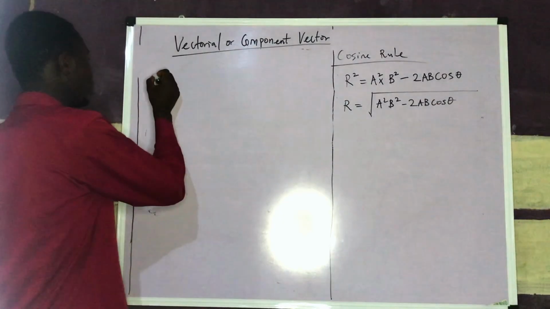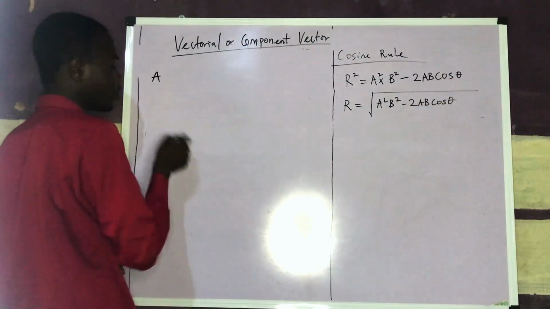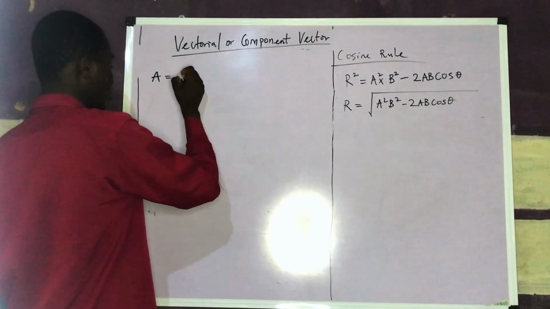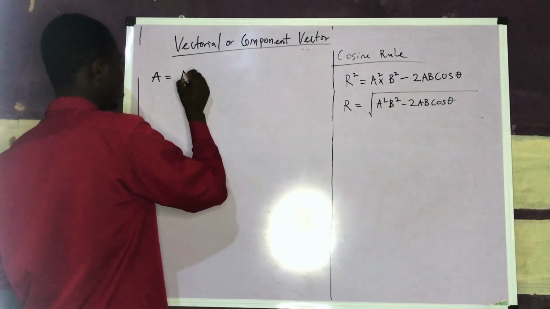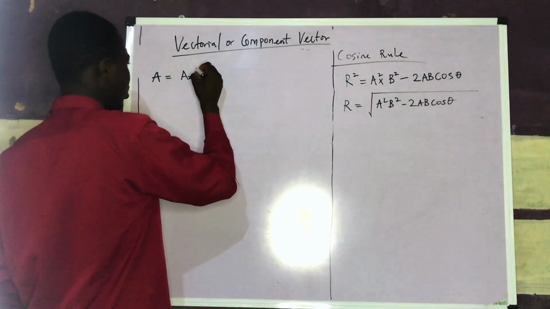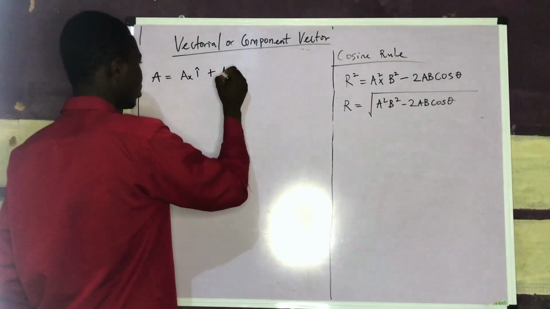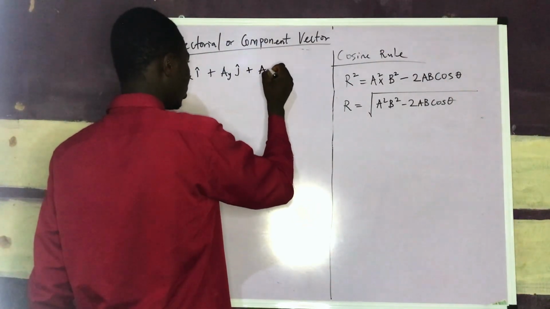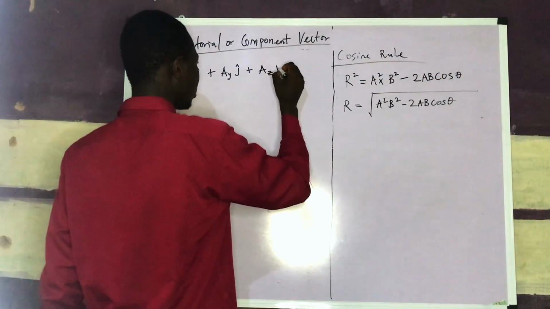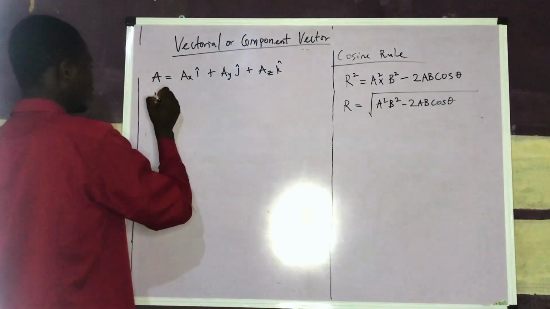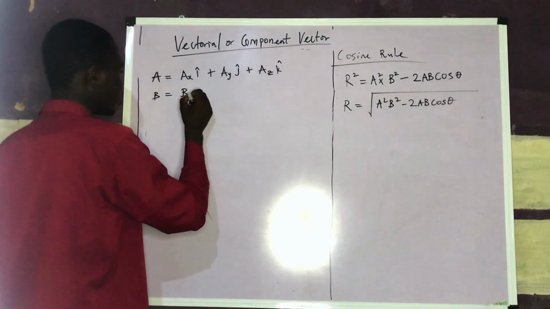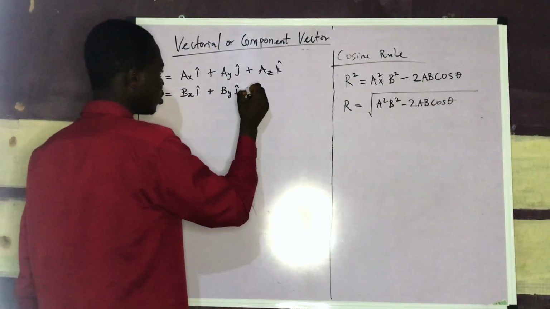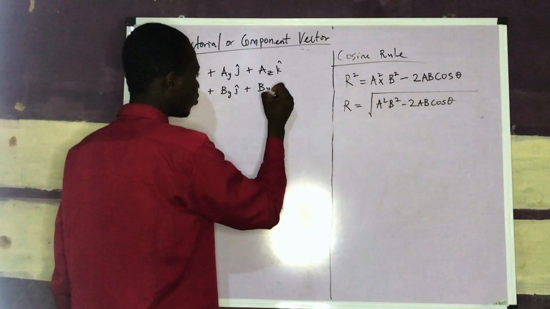Let's say you are given this vector A as ax i plus ay j plus az k, and you are given another vector B as bx i plus by j plus bz k.